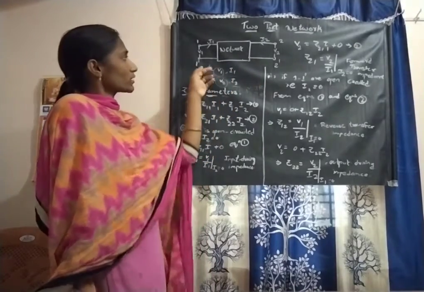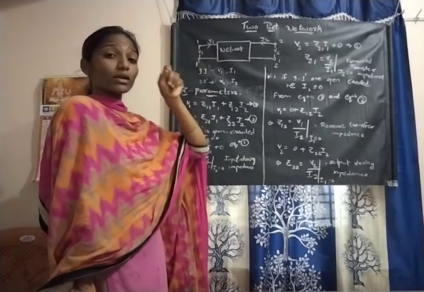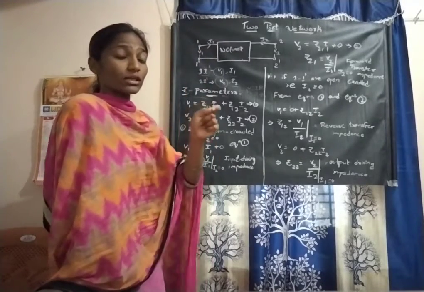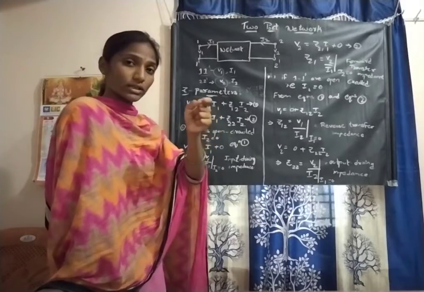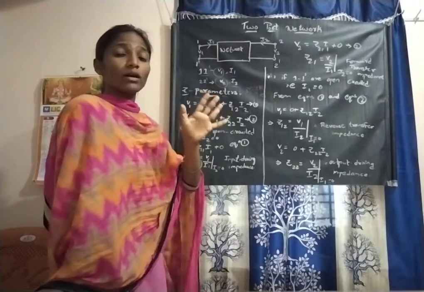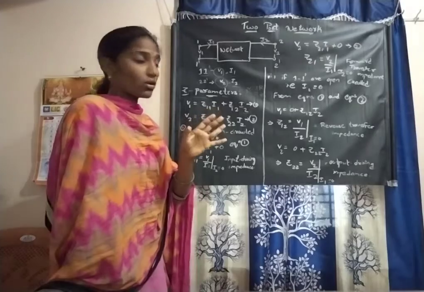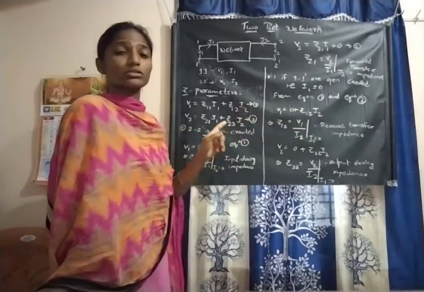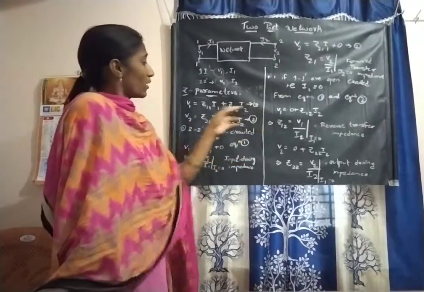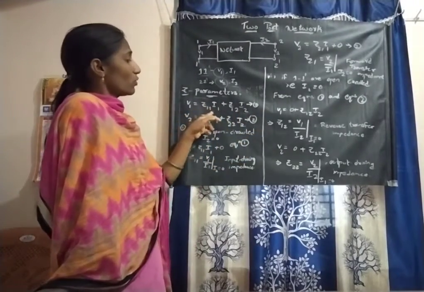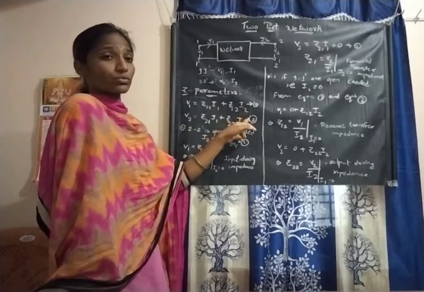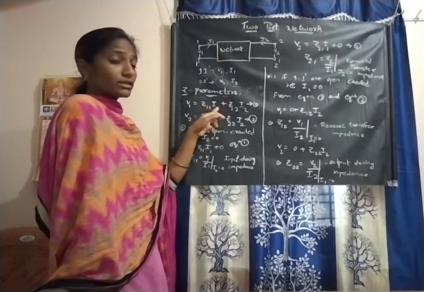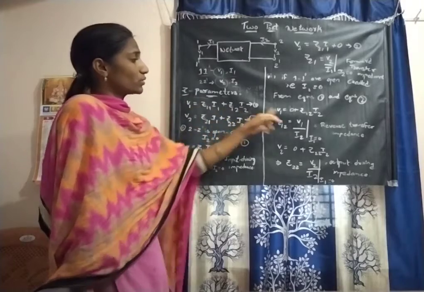Next, making the input port open, that is the 1 dash port open circuited, I1 reduces to 0. Substituting I1 equal to 0 in both equations 1 and 2, we get V1 equals 0 plus Z12 I2, so V1 equals Z12 I2.